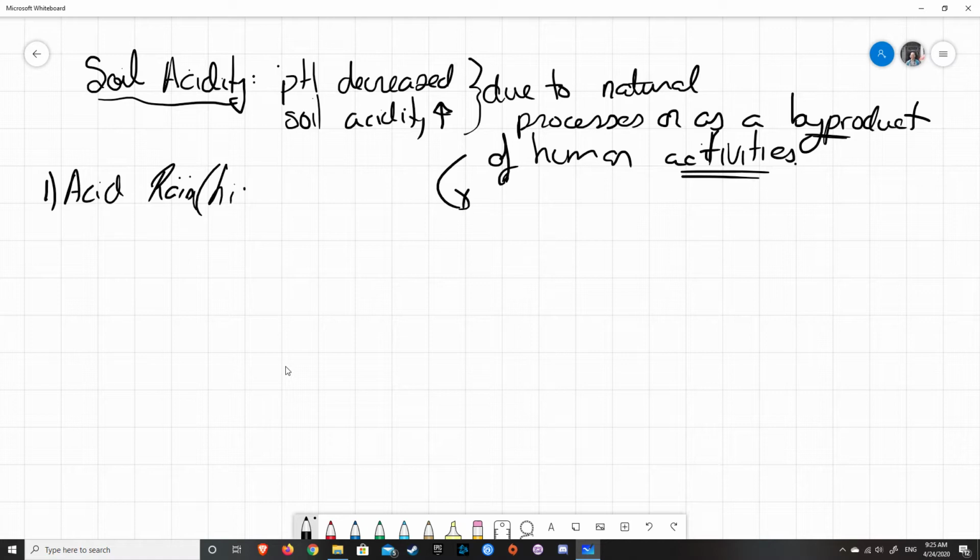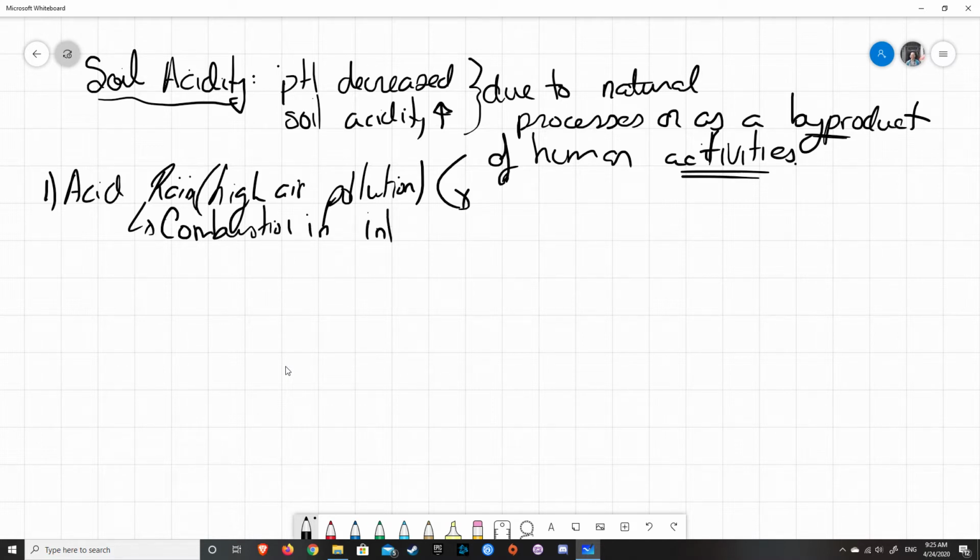This is in a high pollution environment, high air pollution, because acid rain is caused by combustion in internal combustion engines.